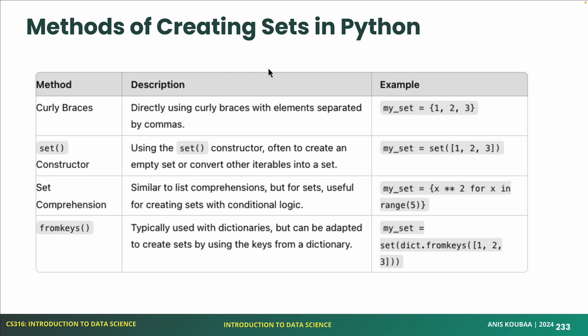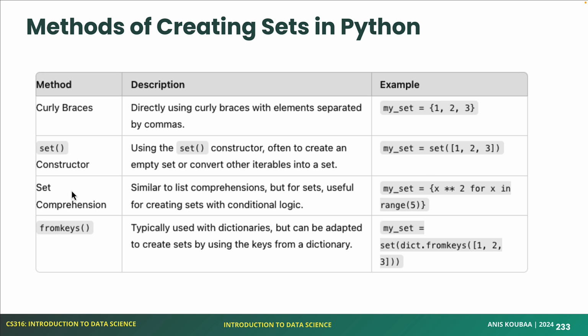This is how we can create a set using curly brackets. My set 1, 2, 3, even if you add other elements, is going only to keep the elements that are unique. We can also use the set constructor to create an empty set and convert other iterables into a set. For example, I want to convert this list or any other iterable into a set by removing duplicates.